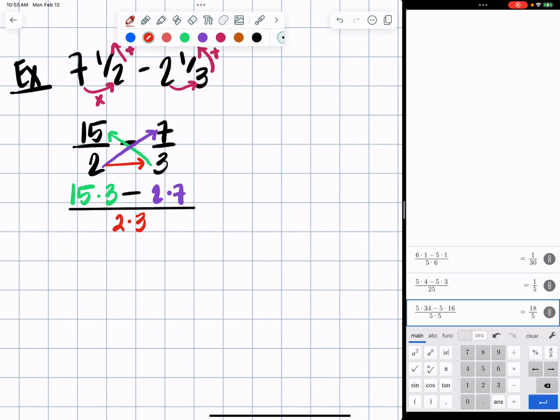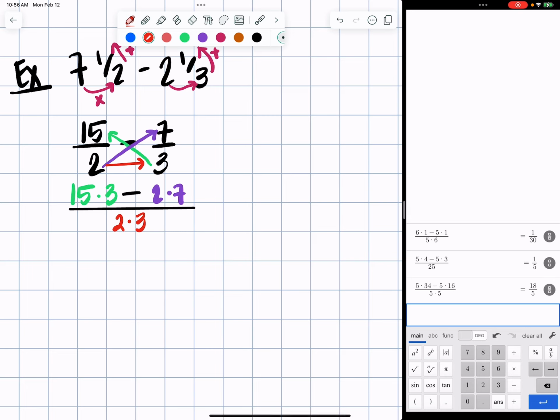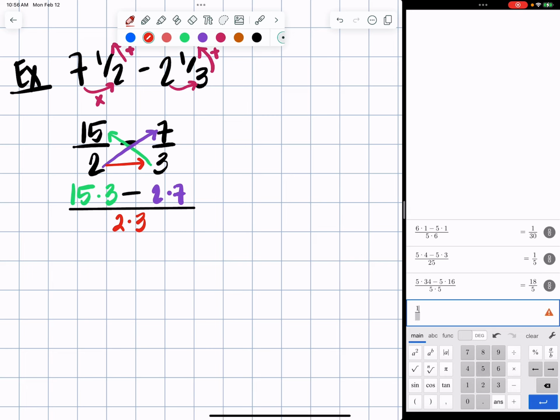Now, if you want to do these in your head or piece by piece, you are welcome to. I'm going to plug the whole thing in the calculator. 15 times 3 minus 2 times 7 over 2 times 3. So this becomes 31 over 6.